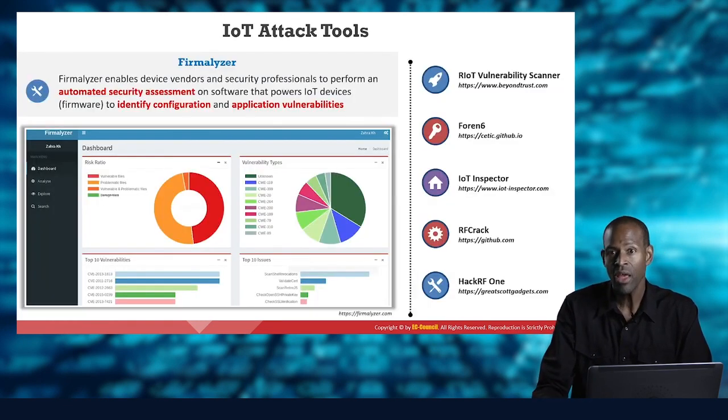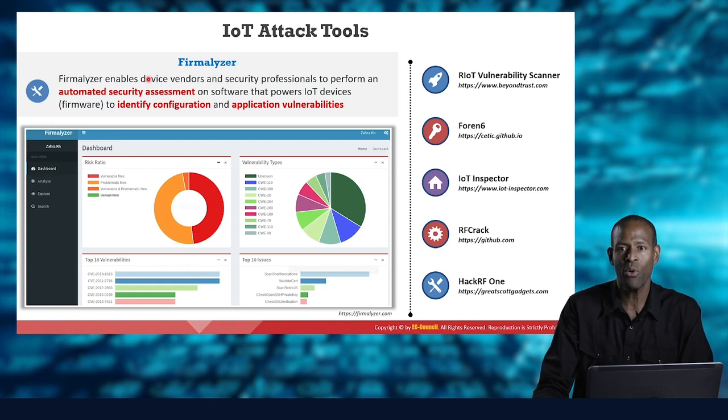There are other tools to help you analyze, monitor, and work with your IoT network, including Firmalyzer. This is actually a very important one. The reason why Firmalyzer is so important is because it helps you to analyze your device, identify configuration, even at the firmware level, hence Firmalyzer, and look for vulnerabilities in that device.